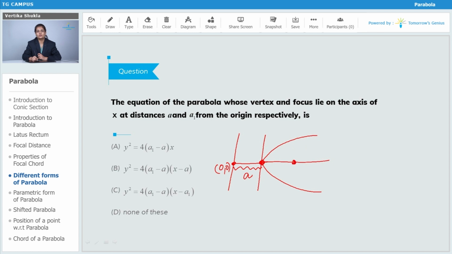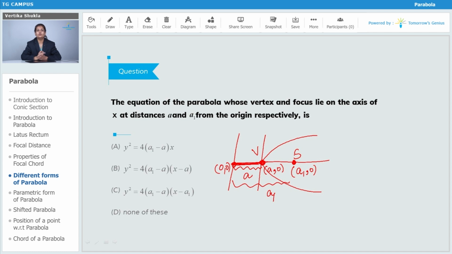This point is your focus, and this total distance is a1 units. If this is the origin and the x-axis, the coordinates of the vertex will be (a, 0). At a distance of a1 units from the origin, the coordinates of the focus will be (a1, 0). So the vertex is (a, 0) and the focus is (a1, 0).